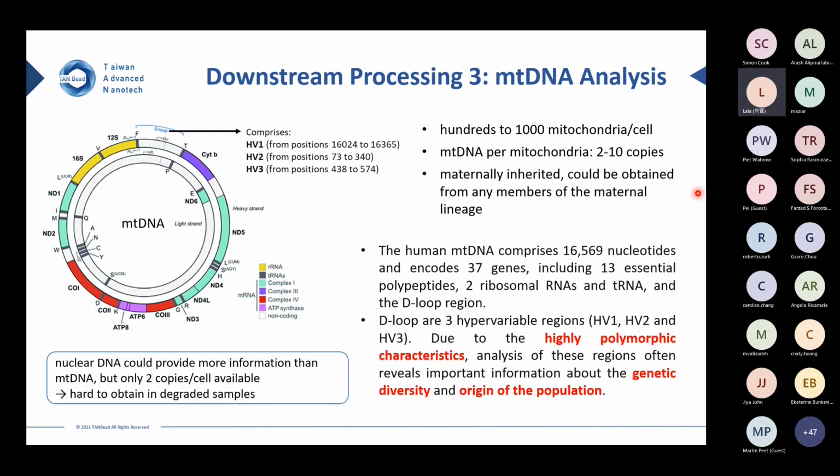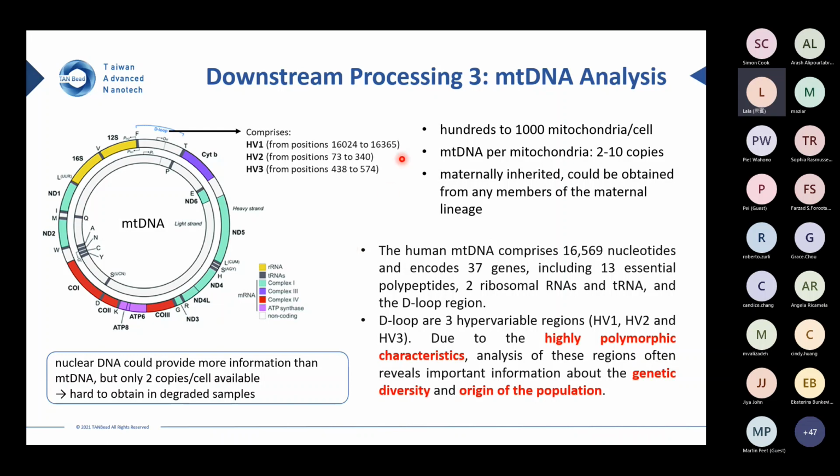Now, in our mock murder case here, we're not sure whether the murderer is a male or a female. And we also don't have a lot of samples to work with. So if we want to obtain nuclear DNA, it might be hard to do so because for nuclear DNA, there are only 2 copies available per cell.